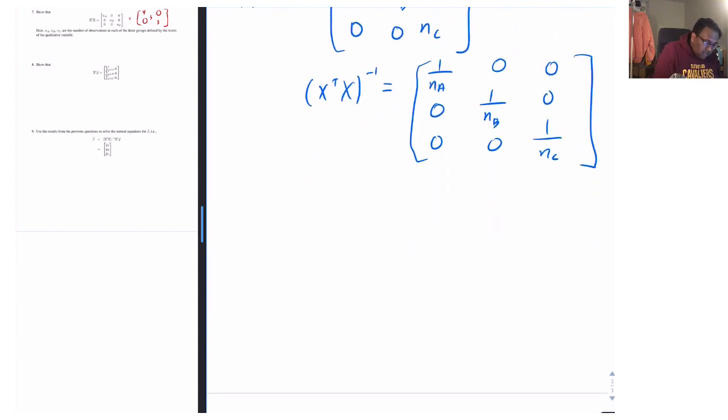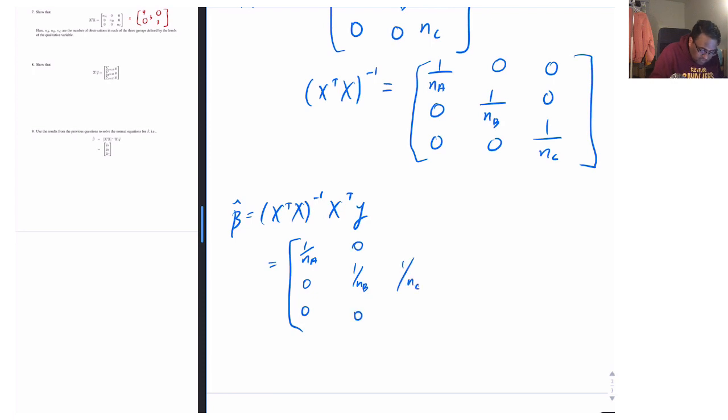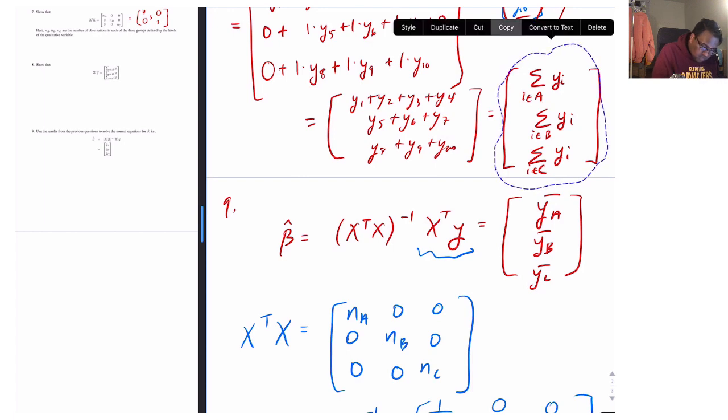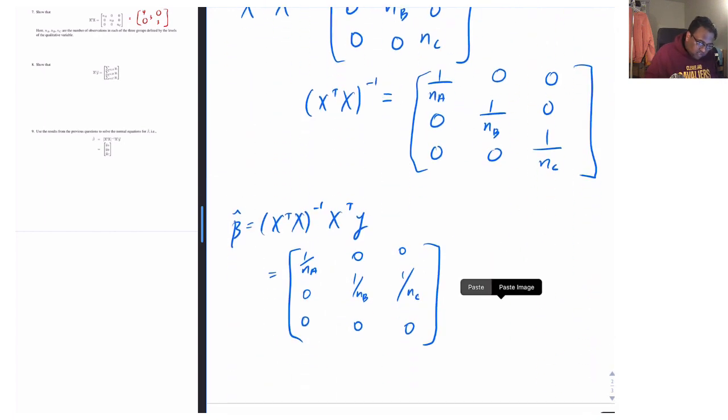So let's do that. So beta hat now, X transpose X inverse X transpose Y, which looks like this thing again, 1 over NA, 0, 0, 1 over NB, and 1 over NC, multiplied by, let's just copy this. Paste that over here.